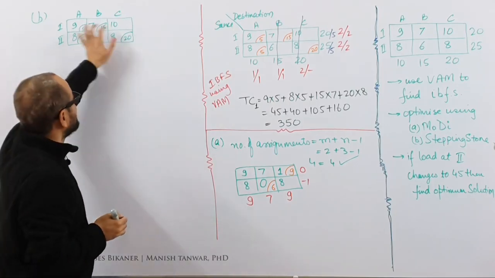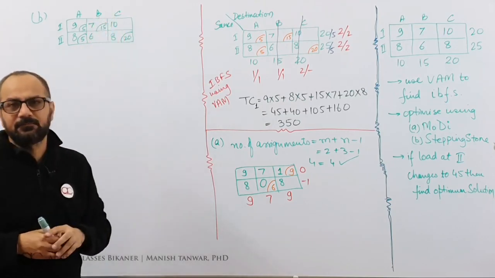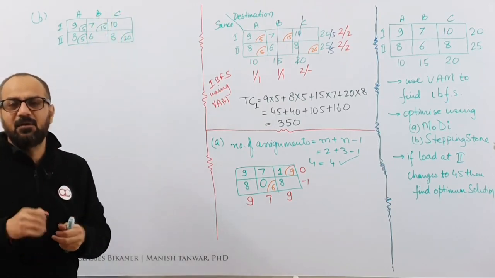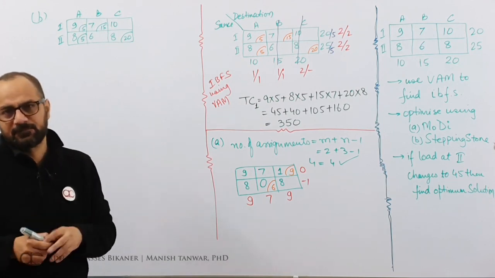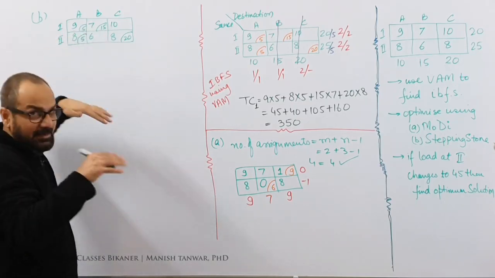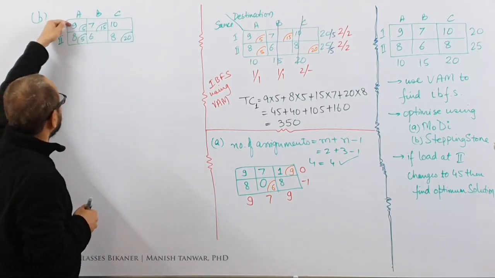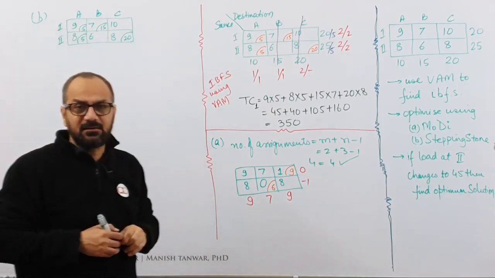What if I make some transfers from other places and put something over here? If I put something over here, what will be my situation? Will I be better off or worse off? This is what I wish to check. Because right now I'm transporting cells with values of 9, 8, 7, 8. So this 6 looks attractive.